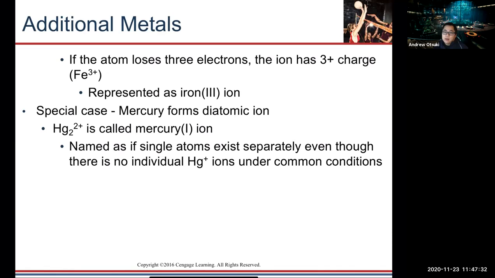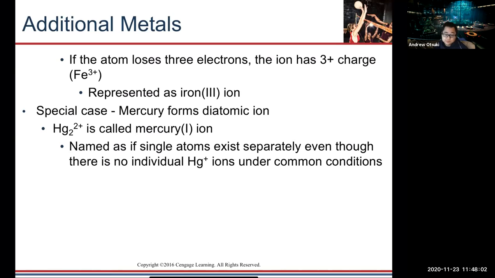There's a special case for mercury, but I wouldn't pay too much attention to it. It's very rare, but it can pop up, so I will go over it. A single atom, a monatomic ion of mercury, does not exist under normal conditions. It exists as Hg2 2 plus, a diatomic ion.